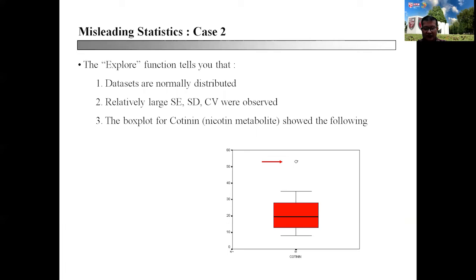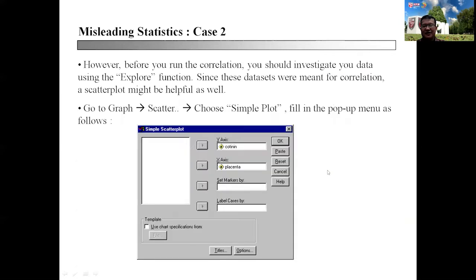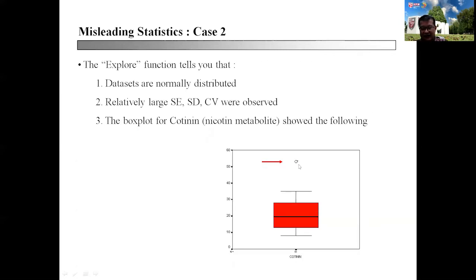Looking at this slide, it is value pair number 7: cotinine 53 and placenta 1.7. This value contributed to the outlier, and it lies outside 95% of all other values based on the box plot.